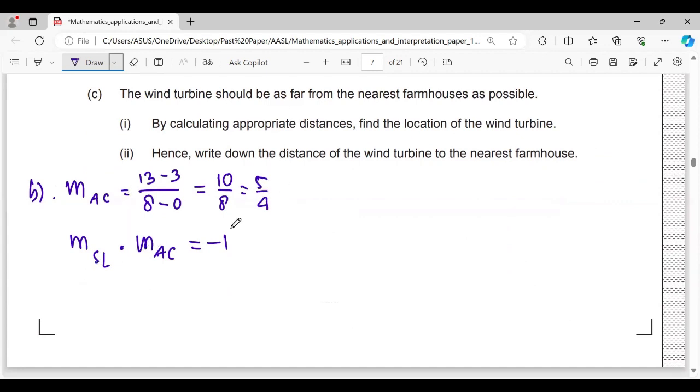MAC is this one, 5 over 4. So the gradient of the straight line equals -1 times 4 over 5. So the gradient of the straight line equals minus 4/5, like this.